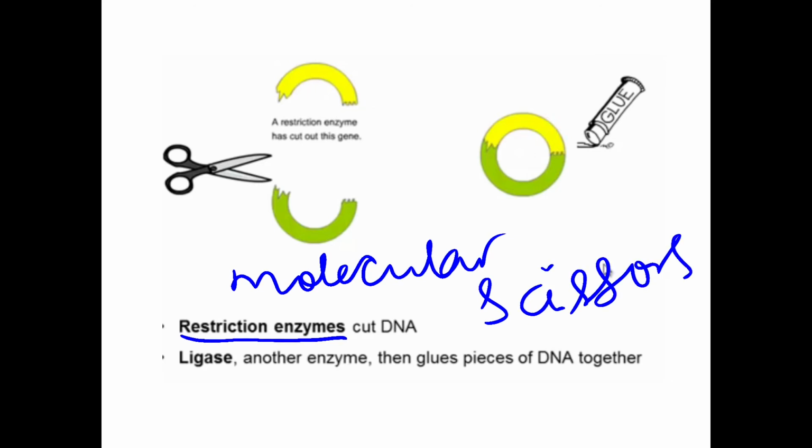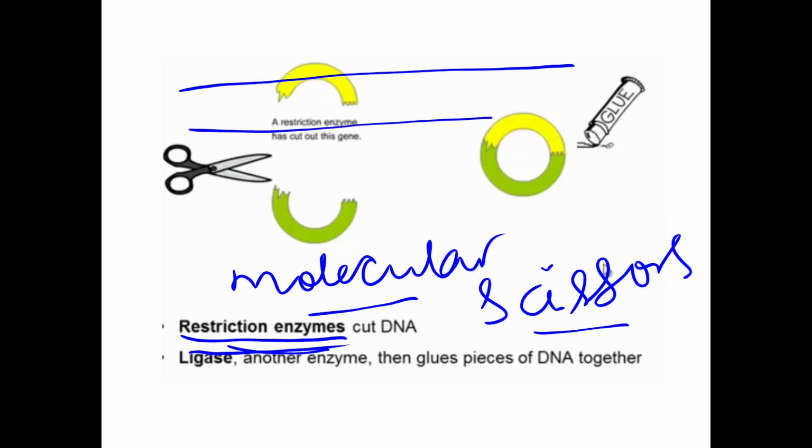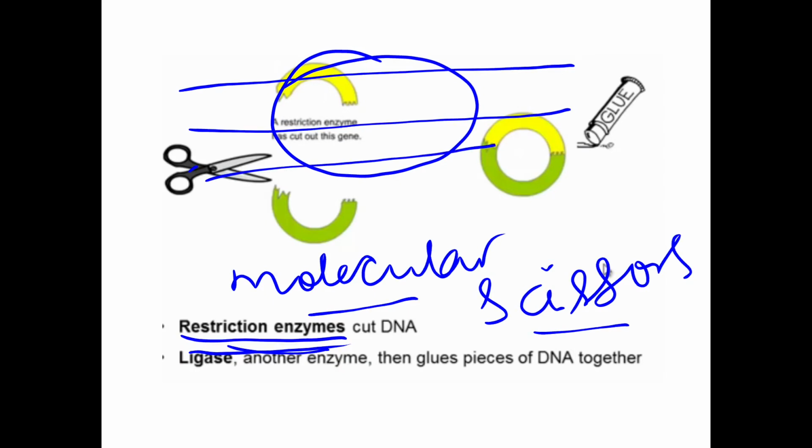These molecular scissors, or the restriction enzymes, identify a particular sequence within a DNA. They are inspecting a DNA. First they will search for that particular sequence or unique sequences.